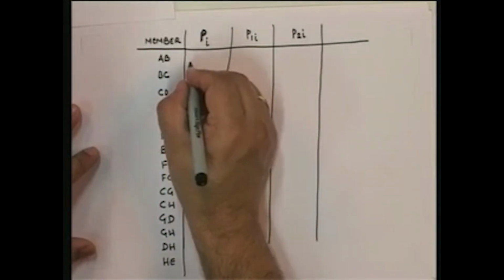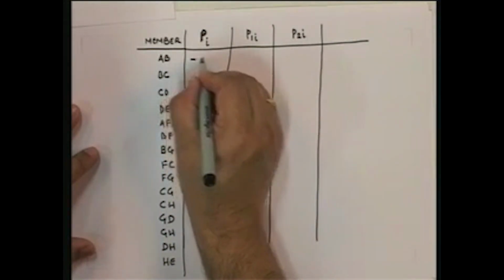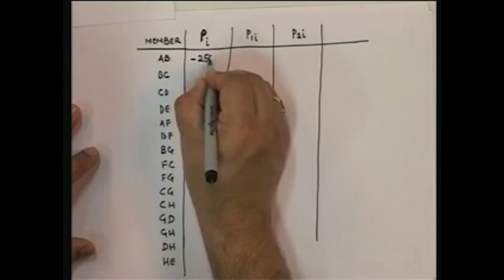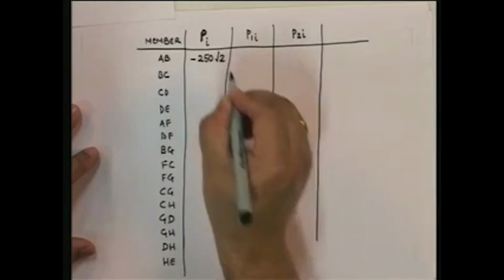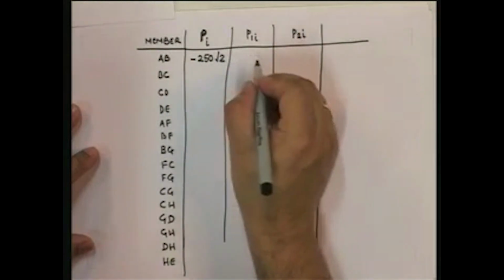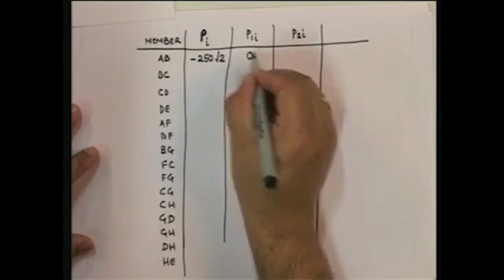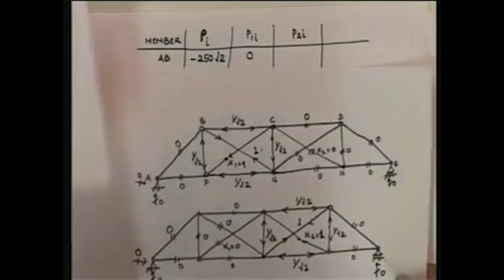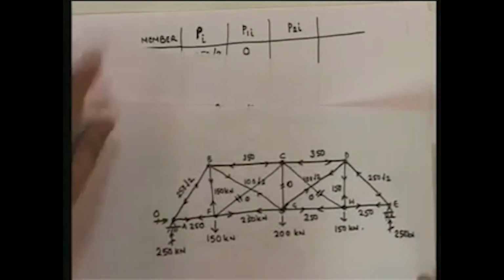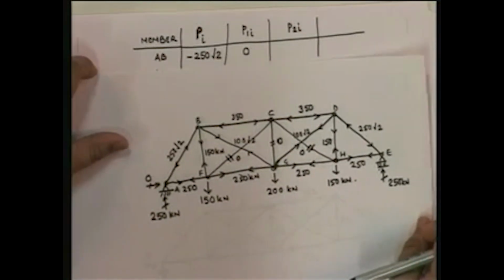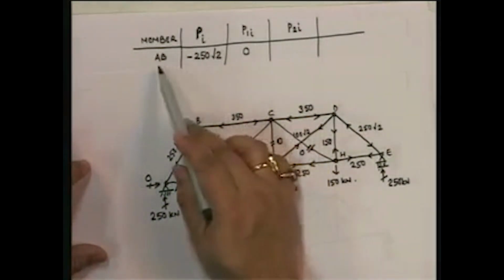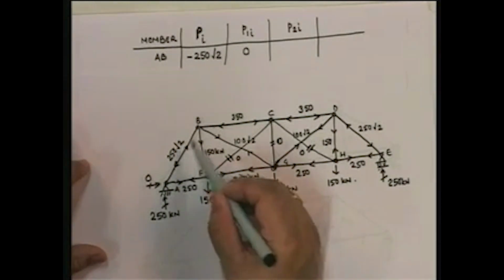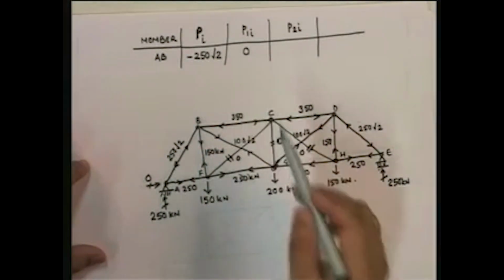In member AB, I got a compressive force, so compressive force for me is going to be negative. Just to explain what I am doing, member AB is 250 compressive, so that's all I have done, minus 250.